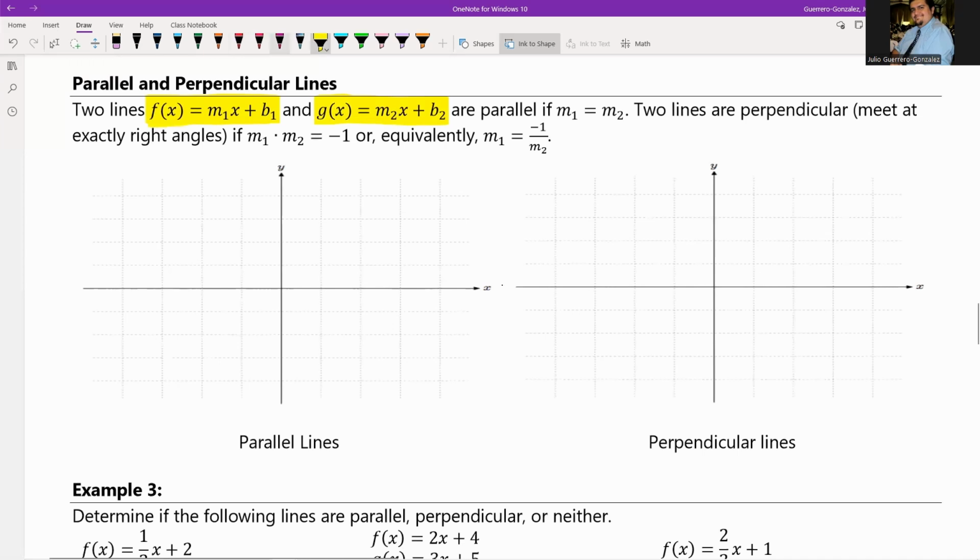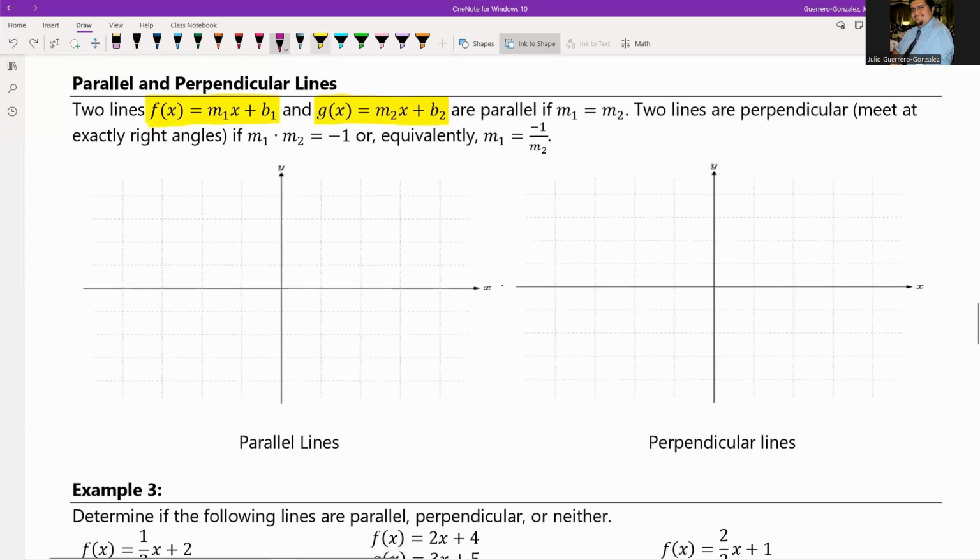Both collections of m's can be anything they want, and these b's can be anything they want. Okay, so now pretend you have two lines, f and g.